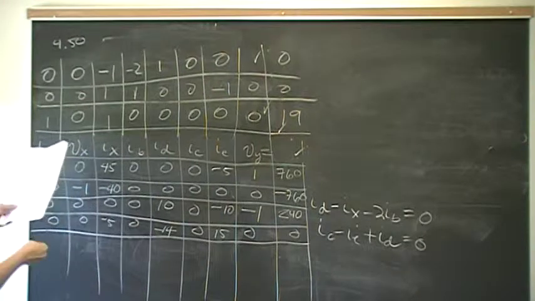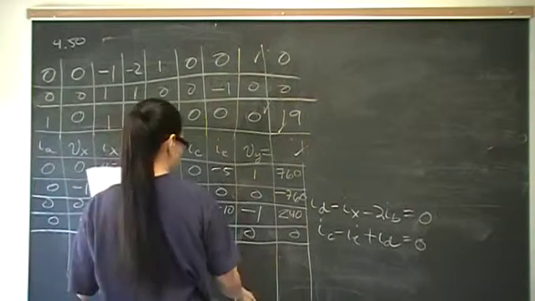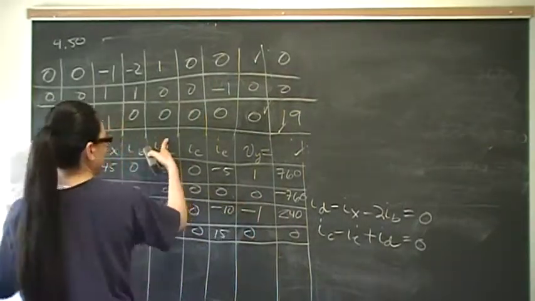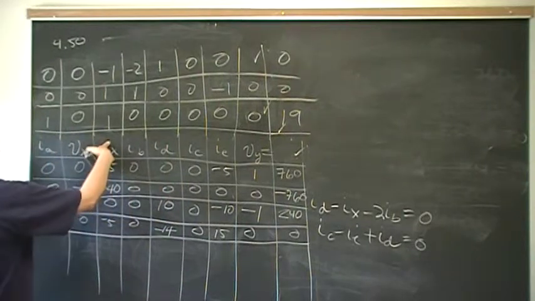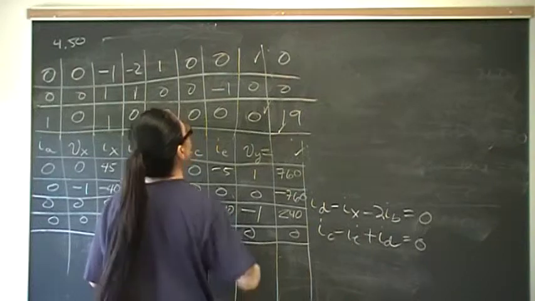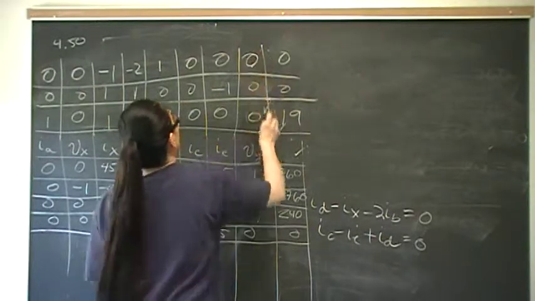Okay, hang on. I don't know why I have a 1 here. This should be 1 ID, negative 1 IX, and negative 2 IB. This should be a 0. Okay.